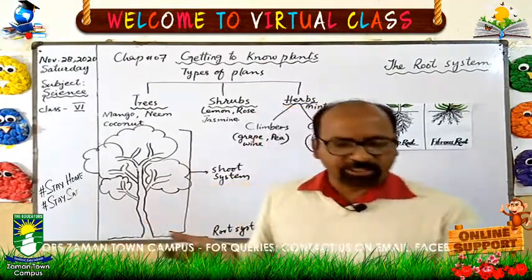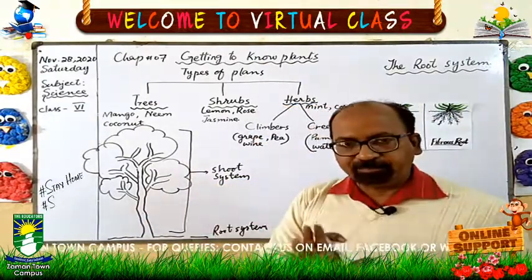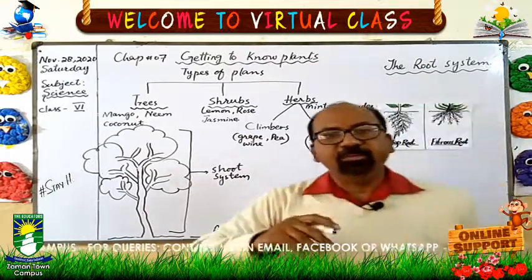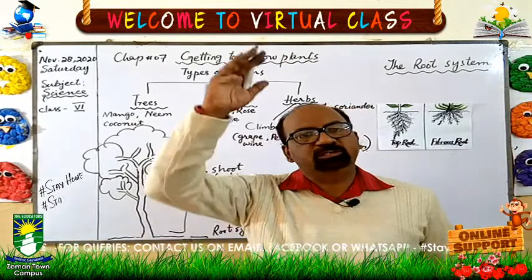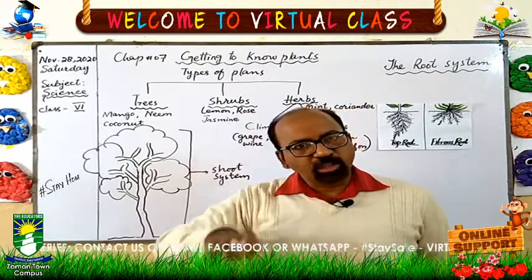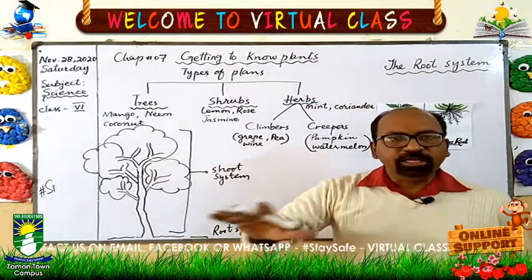Now let's see what shrubs are. Shrubs also have a stem, but their stem is not too long. They do not have tall stems, they have shorter stems, and the branches are very near to the ground.